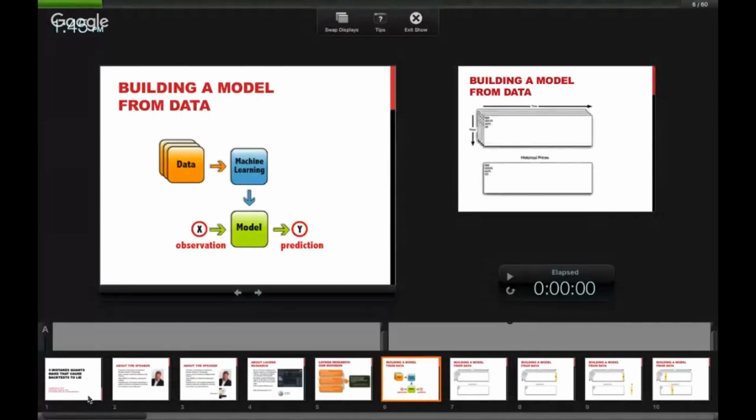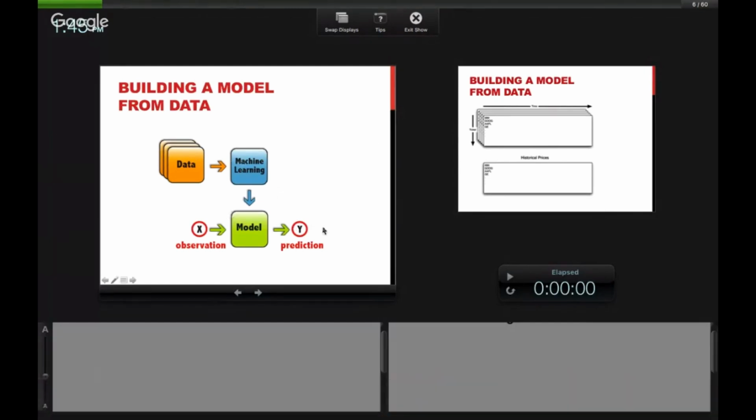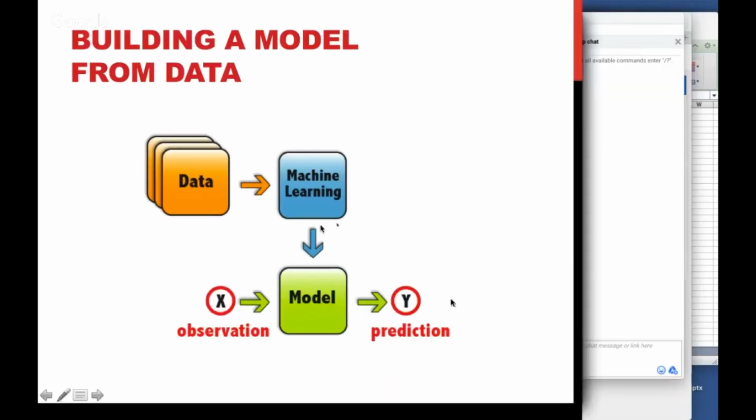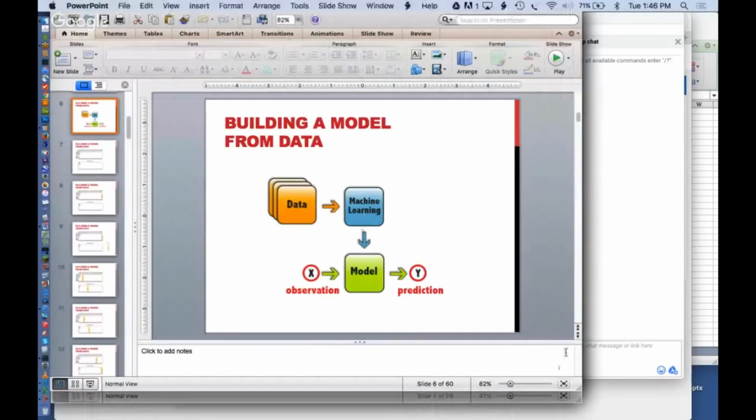So people here in the room are seeing the main slide that I'm talking about. If you're watching my screen capture, you might see two. So you know what? I'm going to just do it this way. That way, I know we're all seeing the same thing.